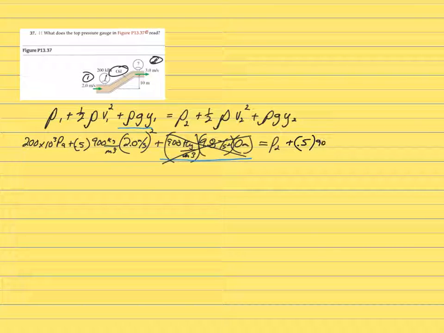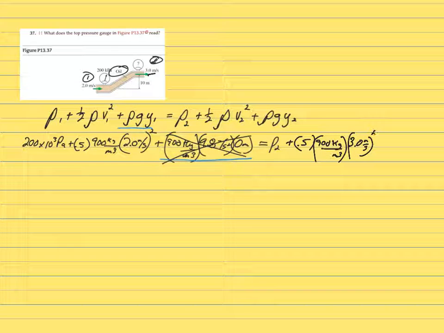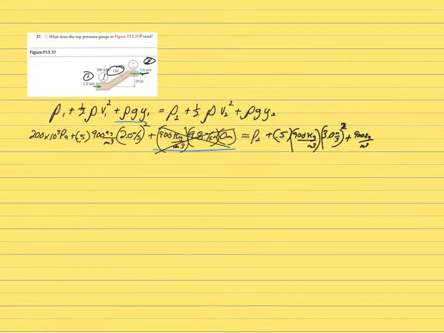Hey, we've seen the density before, kg over m cubed, that's a 900. And the velocity up here is 3, but you gotta square it. Yes, that's a square. Plus the density, 900 kg. Can you see me trying to fit this in there? Yes, I have a problem.